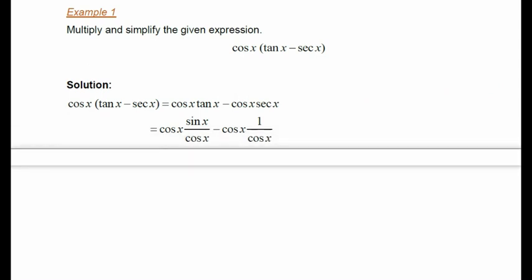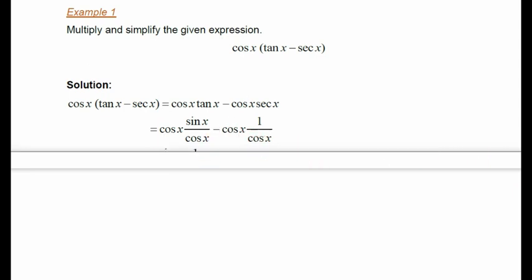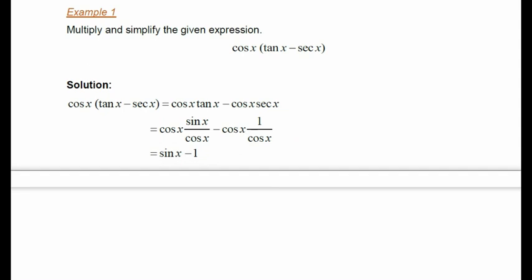And then use the identity. We know that tangent x is equal to sin x over cos x, and secant x is equal to 1 over cos x, where we can simplify this by cancelling the cos x with cos x equal to 1, and here cos x divided by cos x equal to 1, and we simplify the equation and it becomes sin x minus 1.